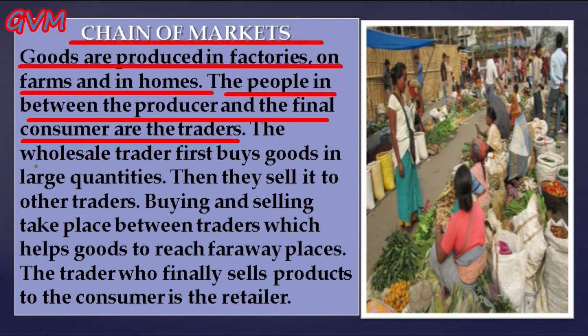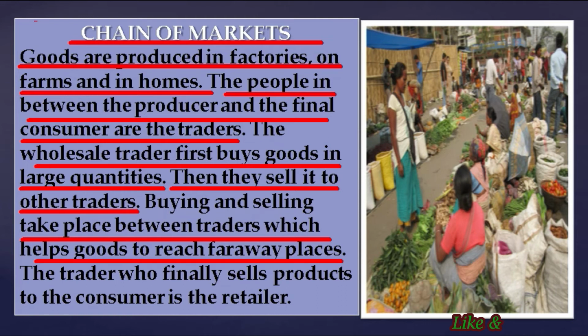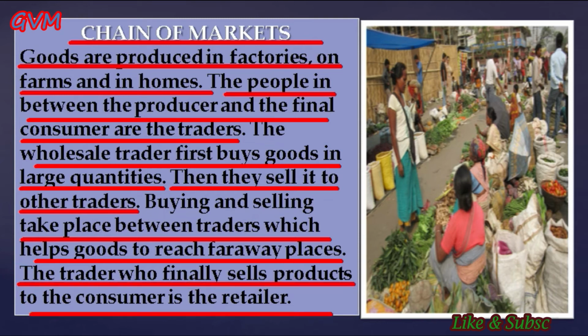Then students, the wholesale trader first buys goods in large quantities directly from the producer. Then the wholesale trader sells them to other traders. And this buying and selling between the traders helps goods reach faraway places. And ultimately, the trader who finally sells products to the consumer is the retailer.